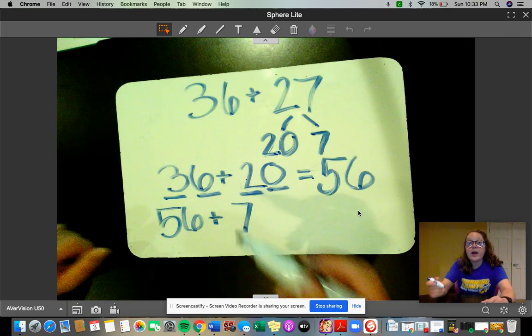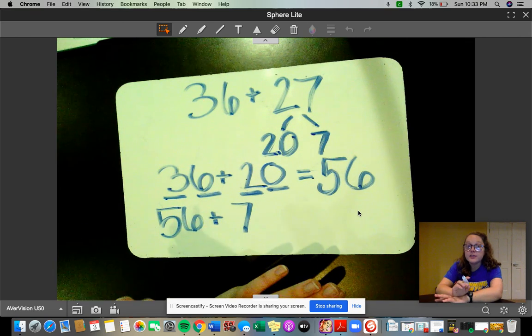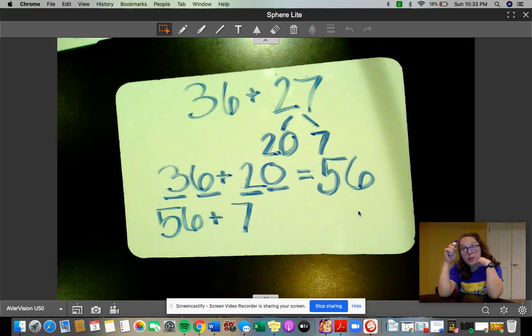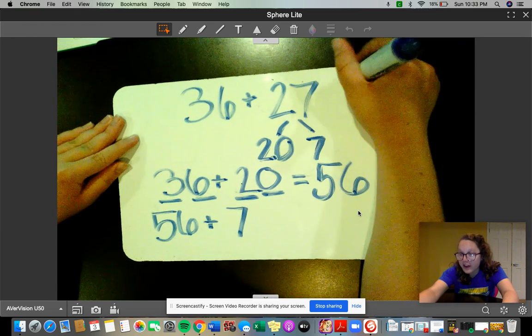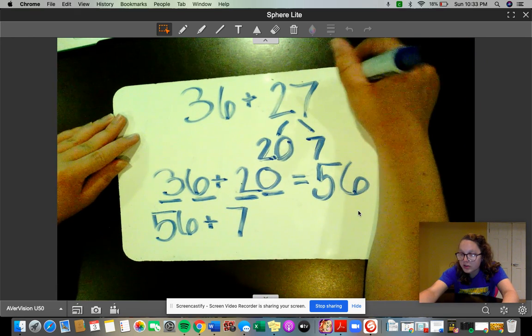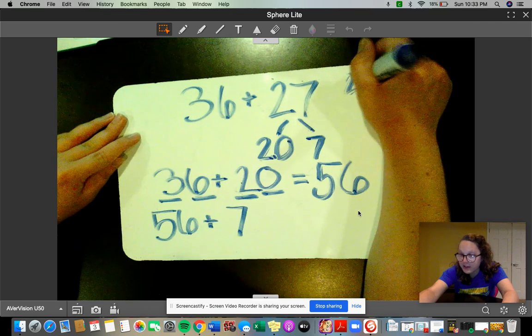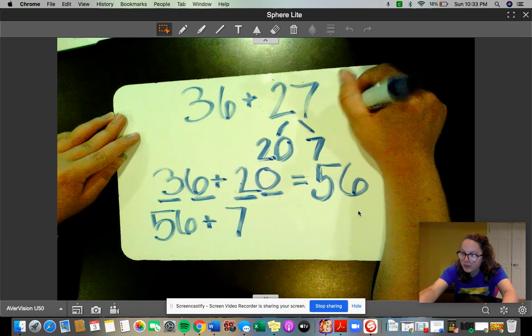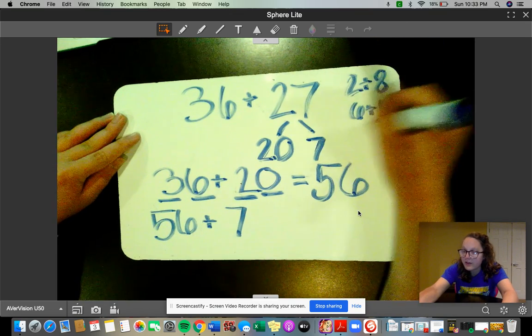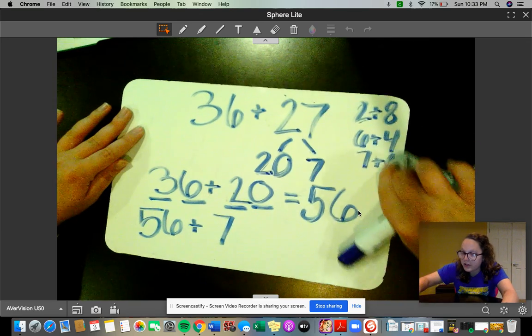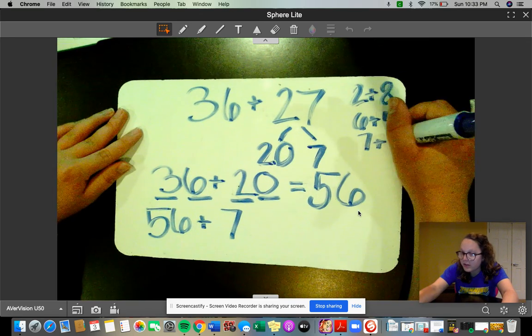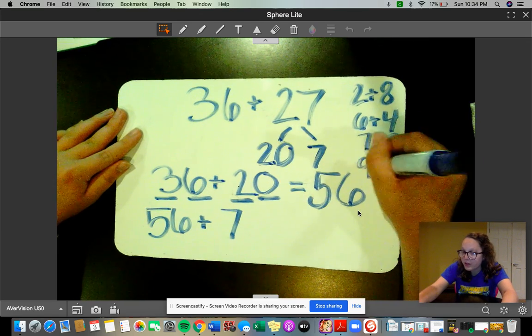So whenever I'm adding tens, I have to remember those facts that I learned way at the beginning of the year about how to make 10. So like 2 plus 8 equals 10. 6 plus 4 equals 10. 7 plus 3. 9 plus 1.